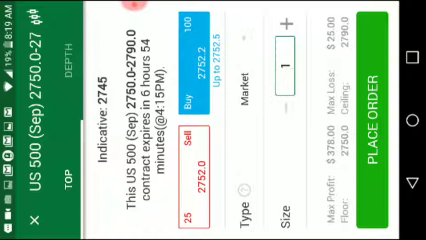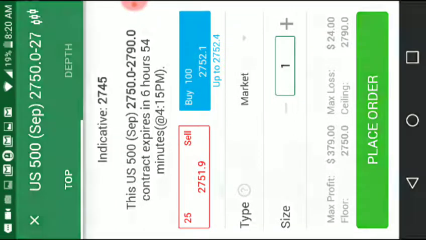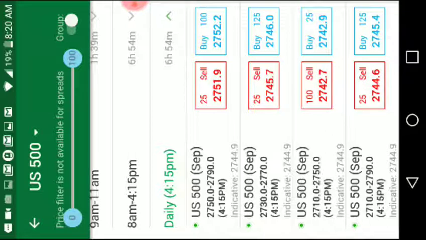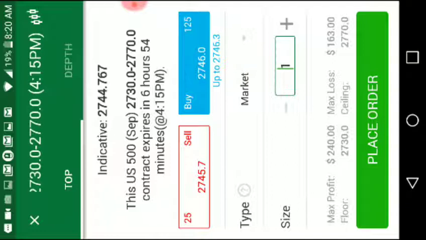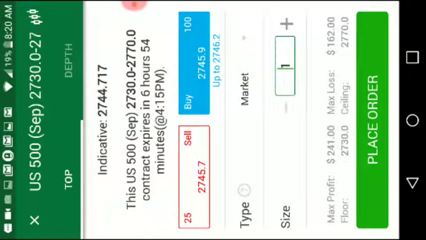Now, I personally will not take this one upon further consideration, because if I pull back and look at the 27.30 call, and we're already at 27.44, and I were to buy that call, now your max loss on this position is $162, but you have a maximum profit potential of $241.